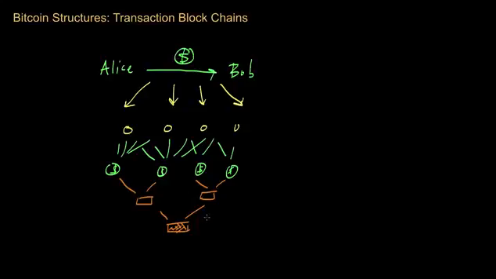This digest is then going to be combined with the hash of the transaction block that was previously accepted by the network. You can imagine that the network will have a series of transaction blocks that were previously accepted, and in fact, every transaction block incorporates the previous transaction block.